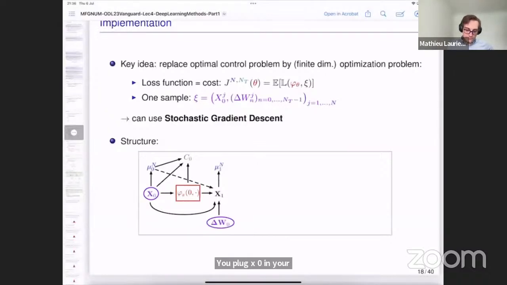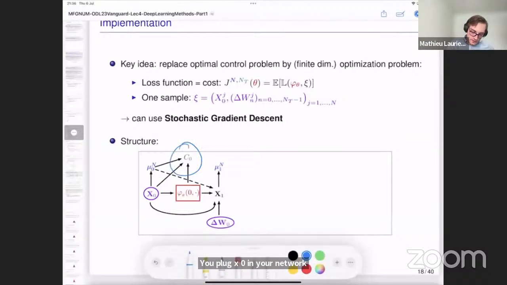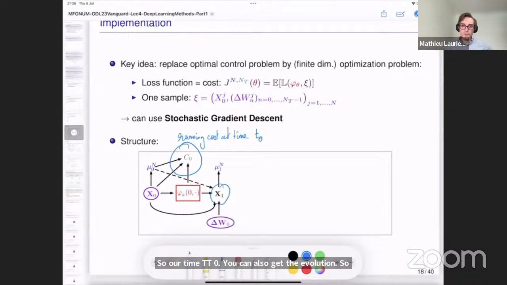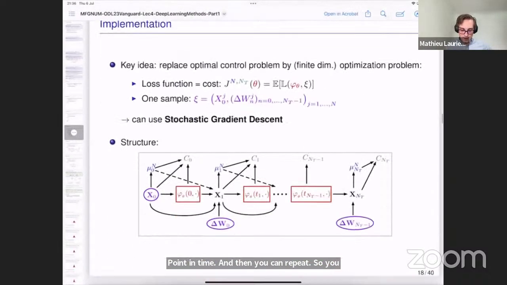And based on all these informations, you can get the running cost at time t0. You can also get the evolution. So using your neural network, you get the next point in time. And then you can repeat. You do that as many times as you need.